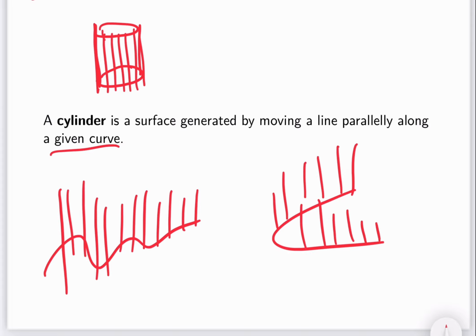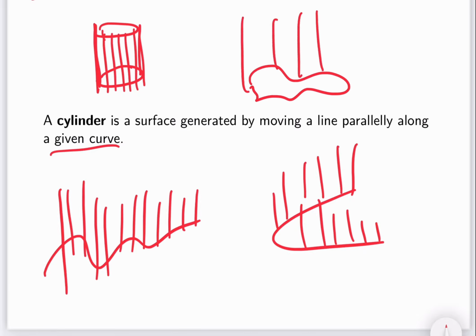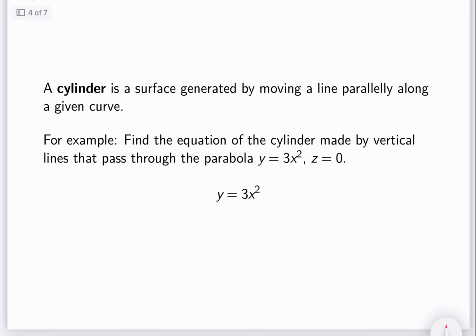So all the surface that we go around will be then also called a cylinder. Or we can have also any base like this, and so we have vertical lines, and so this other surface is also going to be called a cylinder.